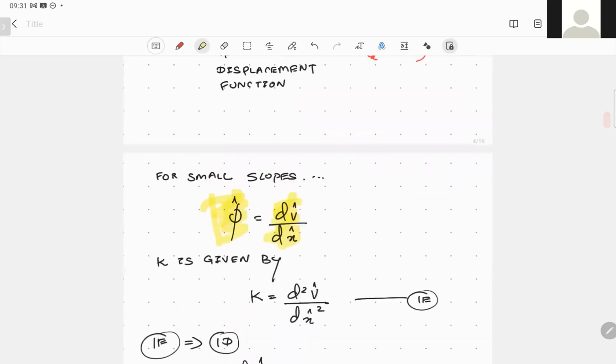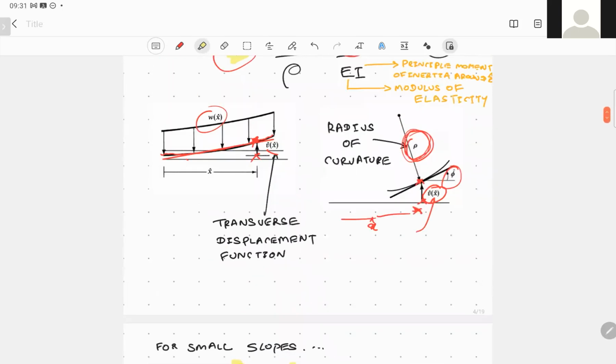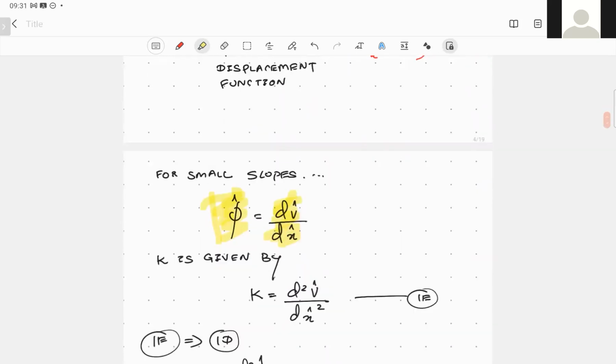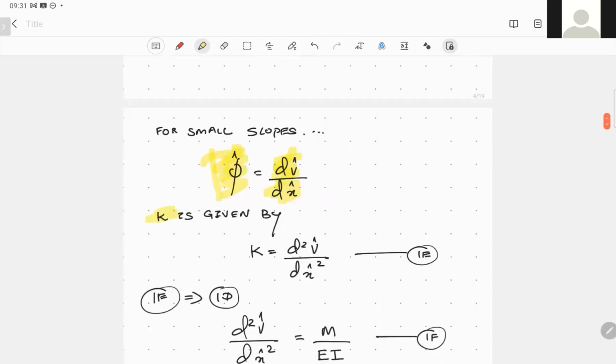We also have to take into account the curvature of the beam, given by this definition.